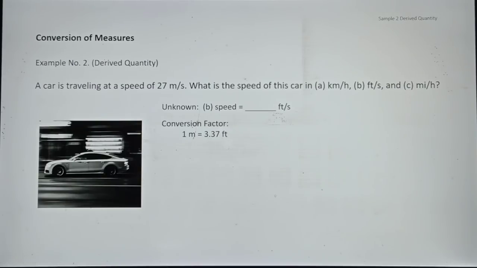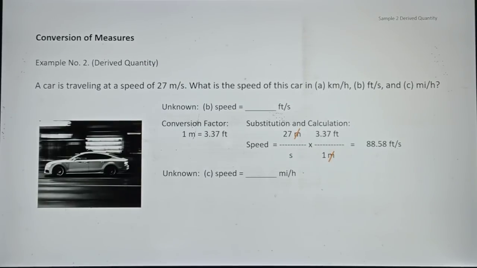Okay, so we need only one conversion factor because we are only converting the length measure. Substituting the given speed of 27 meters per second and the conversion factor 3.37 feet over 1 meter, the unit meter cancels out. When multiplied, the result is 88.58 feet per second.